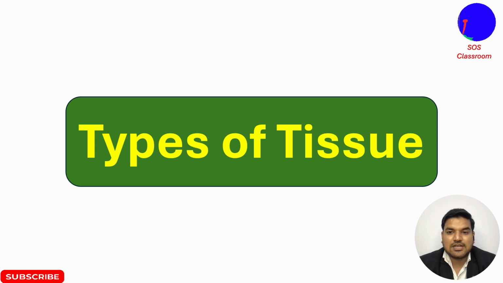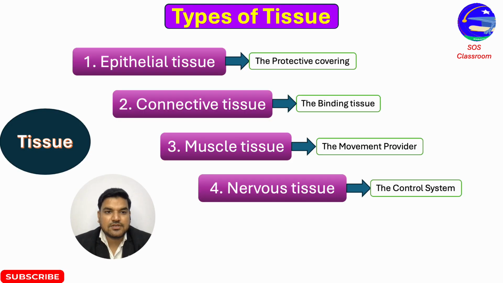Basically there are four types of tissue: epithelial tissue, connective tissue, muscle tissue, and nervous tissue. Epithelial tissue is helpful for protective covering outside and inside of the body. Inside of the body means the covering of different organs, blood capillaries, and glands.